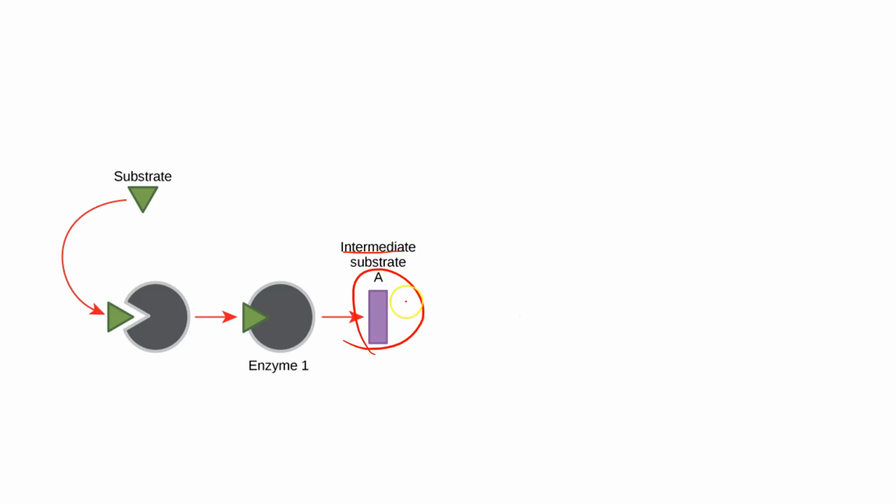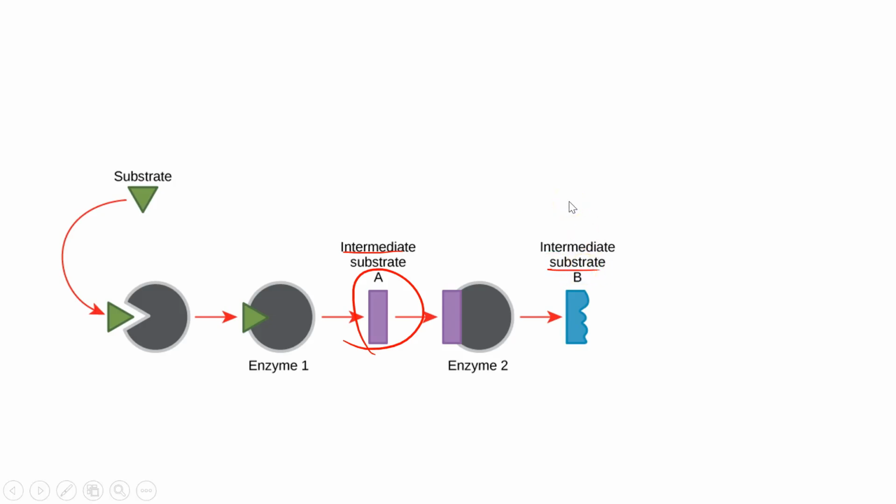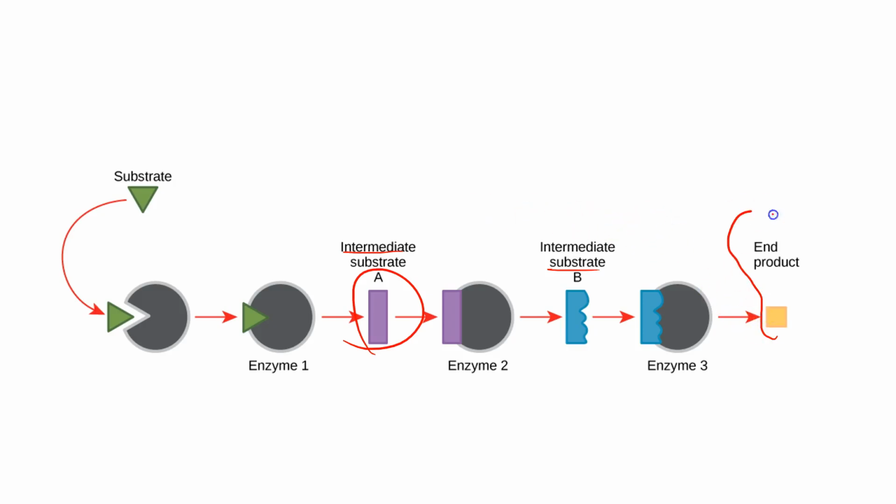Then let's say that this gets bound to another enzyme, and then that changes shape and it forms this thing, which is a little bit different. This is another intermediate substrate. And then this goes and binds a different enzyme, which has a special affinity for this particular shape. And when that happens, it changes its shape once again, and then you have the final end product.